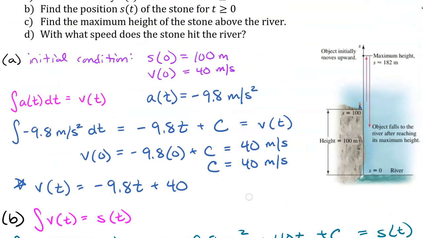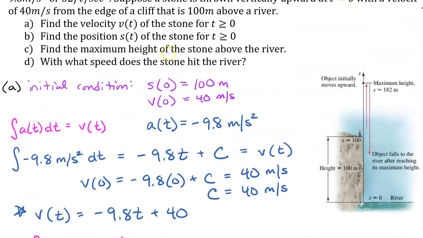So what's next? Find the maximum height of the stone above the river. Basically, they want us to find the vertex. If we view the position of the rock as a function, as a side view with time, it's going to start at 100, go up, and then go back down to where the river is, where S is 0.